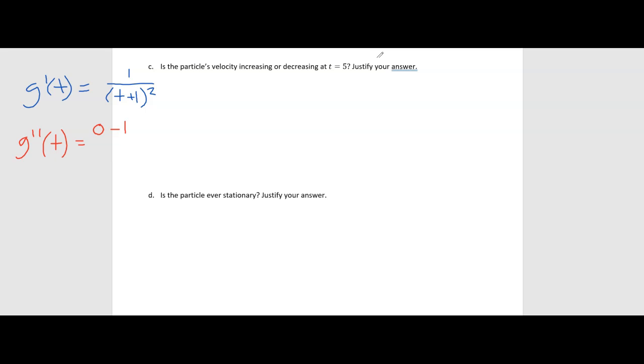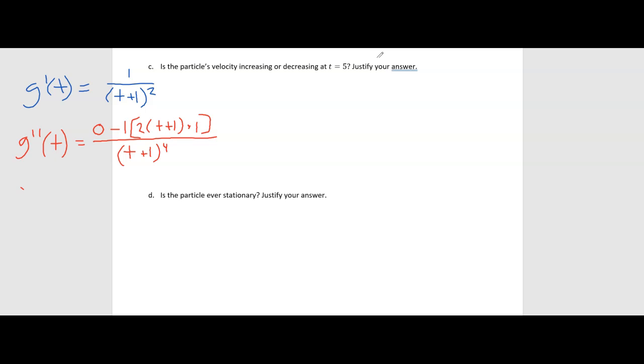So here I get 2 times the quantity t plus 1 to the first power, times the derivative of my inside, which is just 1. So it's not too bad of a chain rule there. All over my denominator squared, so I get t plus 1, that quantity to the 4th.